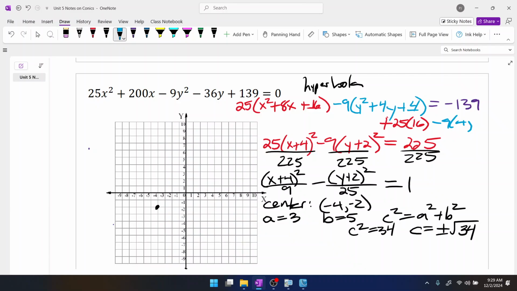So we can kind of draw a box around this. We go 3 units away horizontally and 5 units up and down vertically. One day I will get this right.